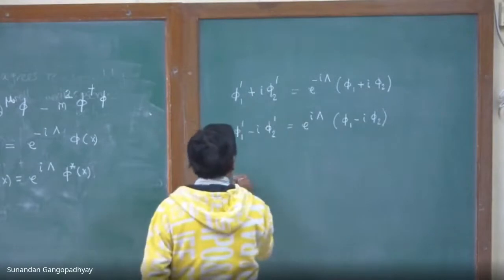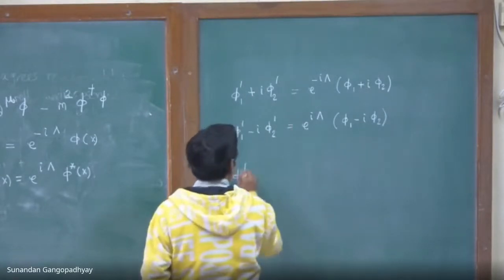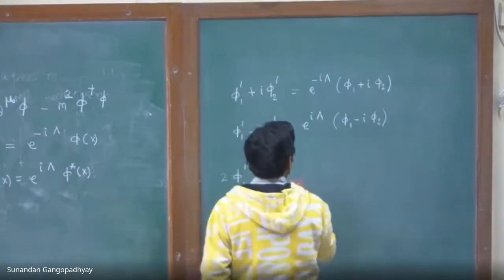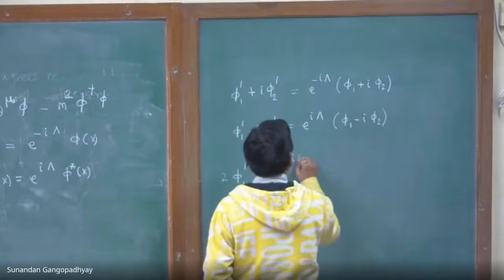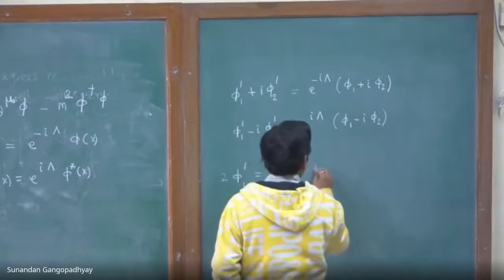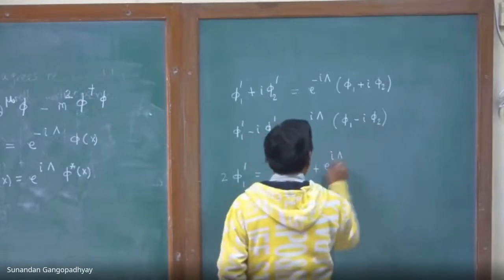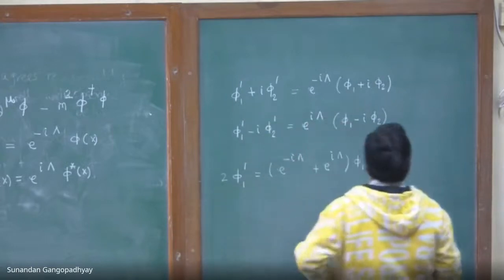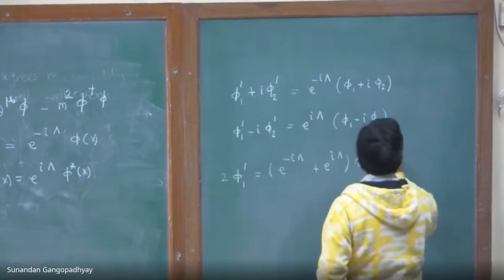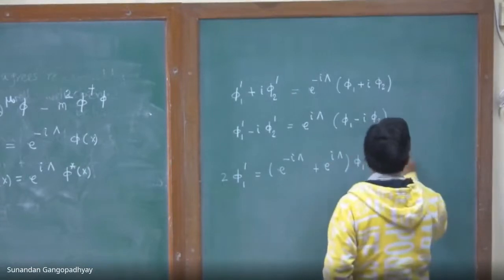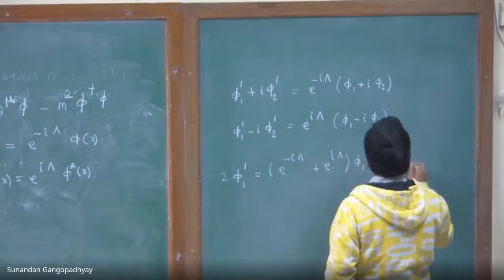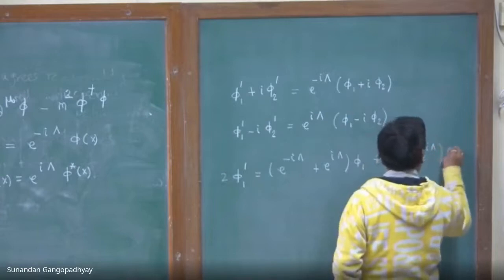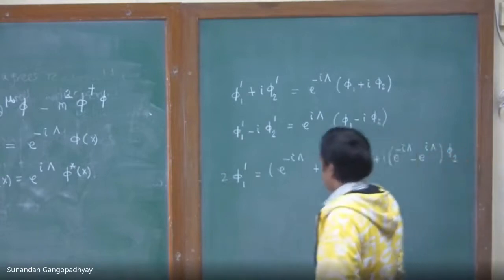If you add these two equations, then we will get immediately 2 phi 1 prime, that is equal to e to the power of minus I lambda plus e to the power of plus I lambda, times phi 1. Then we will get plus I times e to the power of minus I lambda minus e to the power of I lambda, by 2.